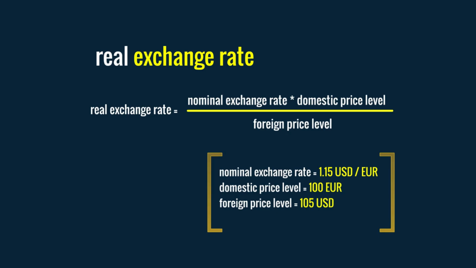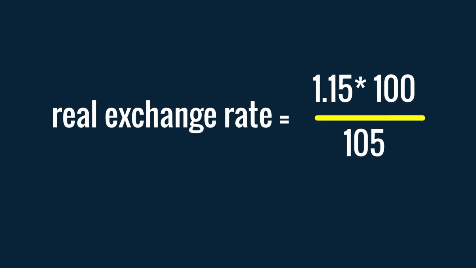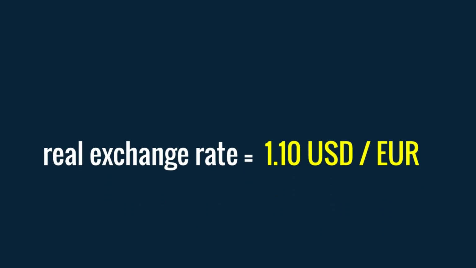Plugging these values into the formula, real exchange rate equals 1.15 times 100 divided by 105. This gives us a real exchange rate of approximately 1.10 US dollars per euro. So, adjusted for price levels, it takes 1.10 US dollars to obtain 1 euro.